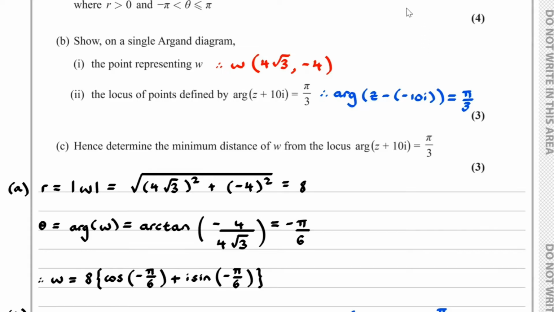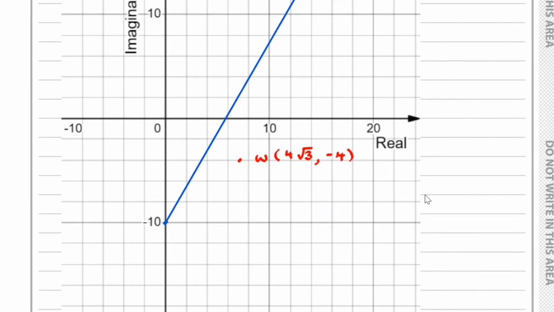Now for part C, hence determine the minimum distance of w from the locus, the argument of z plus 10i equals pi over 3. So what we need to do here is recognize that the minimum distance is over here.